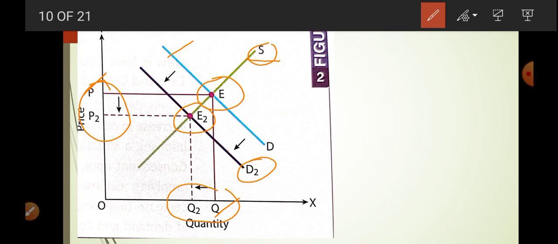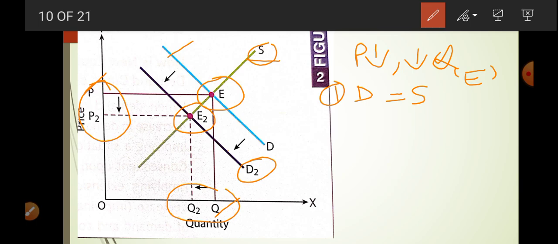Why is there a fall in price and a fall in quantity? Let me explain with the table. Demand and supply are both equal in the first condition, at E point, that is, it is 10 and it is also 10. At that time price is OP.